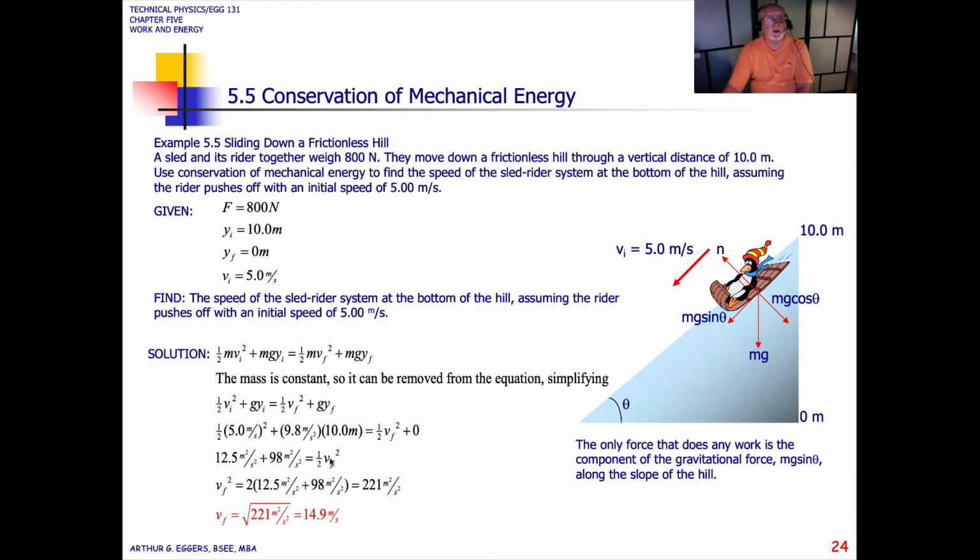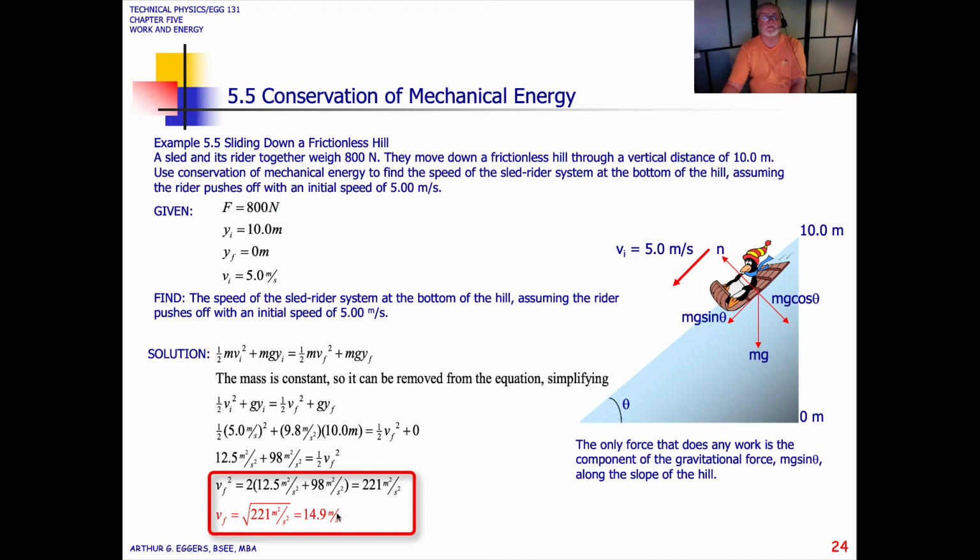So once we do that, we can move the 2 out of the denominator on this side, move it to the numerator on this side, and once we combine our terms, multiplying them times 2, we get 121 meters squared per second squared. Take the square root of both sides, and we get 14.9 meters per second.